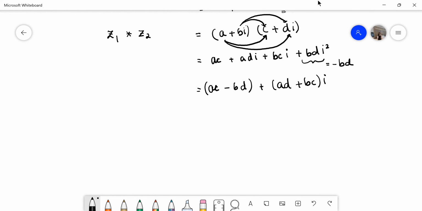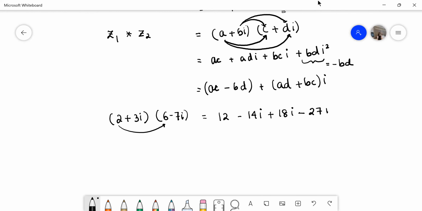Now, using the same example that we took earlier, if we have 2 plus 3i and we multiply it with 6 minus 7i, what we get is 2 times 6, which is 12, minus 2 times 7i, which is 14i, plus 6 times 3i, that's 18i, and minus 7 times 3, 21i squared.